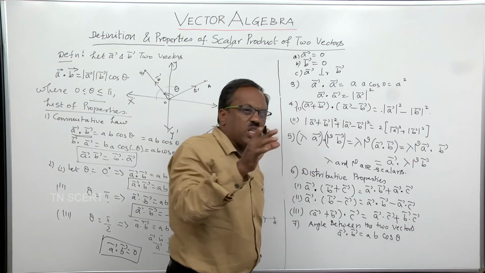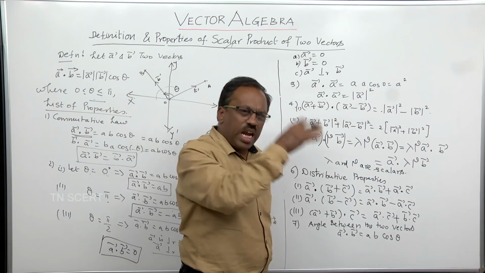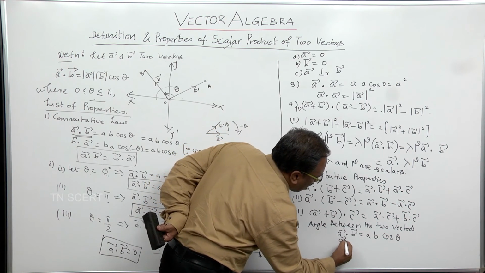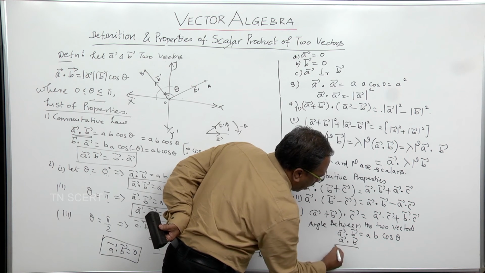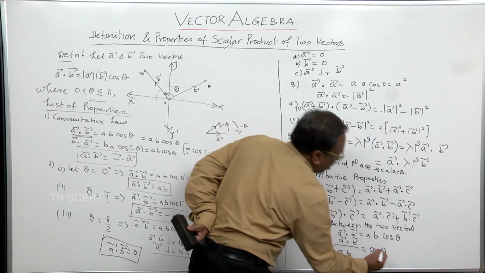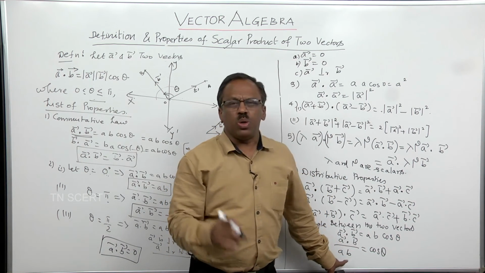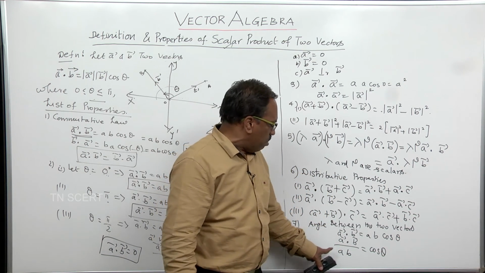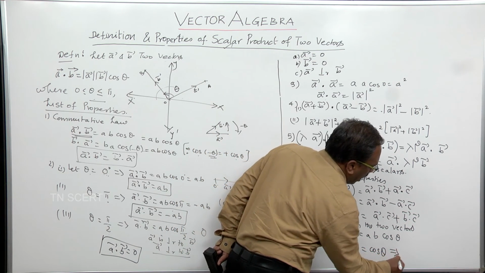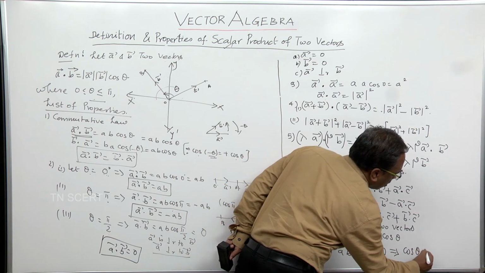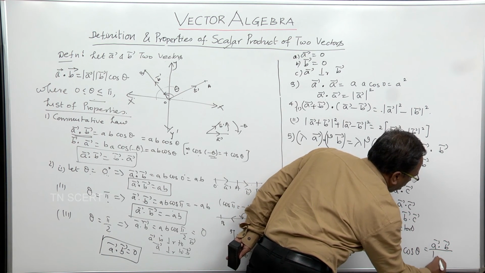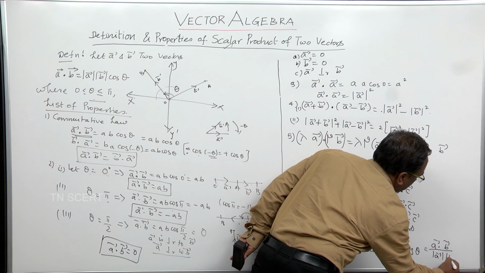Holding cos theta on the left-hand side and writing the remaining values on the other side, A vector dot B vector by AB is equal to cos theta. That means cos theta is equal to A vector dot B vector by mod A mod B. Remember that.